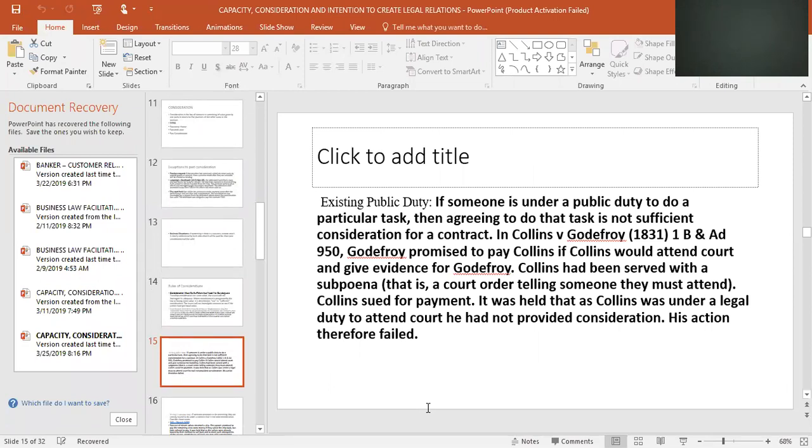Then the third one is what we call existing public duty. Whenever somebody has a duty to perform, the person cannot come out and expect somebody to pay him for what he or she has done.